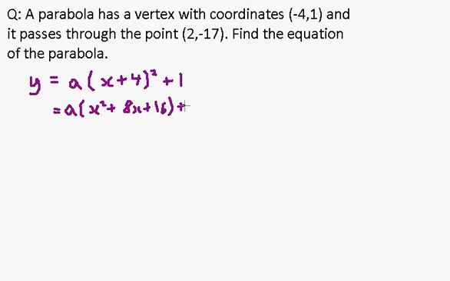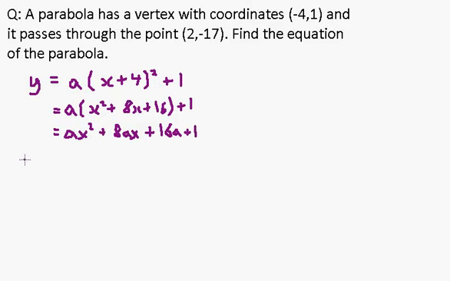I've still got that plus 1 on the outside. So multiply through, and I get ax squared plus 8ax plus 16a plus 1.